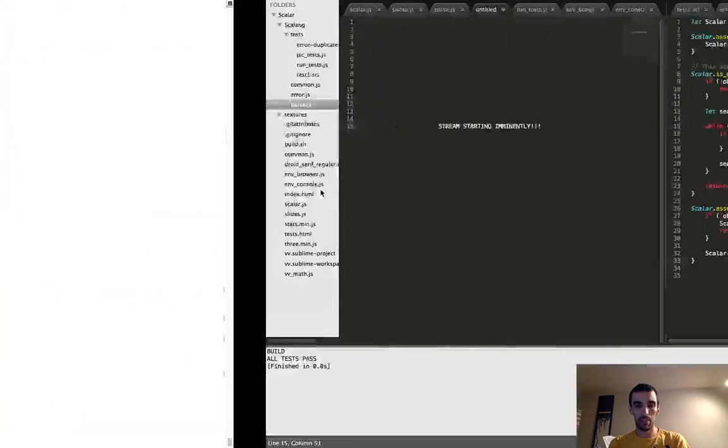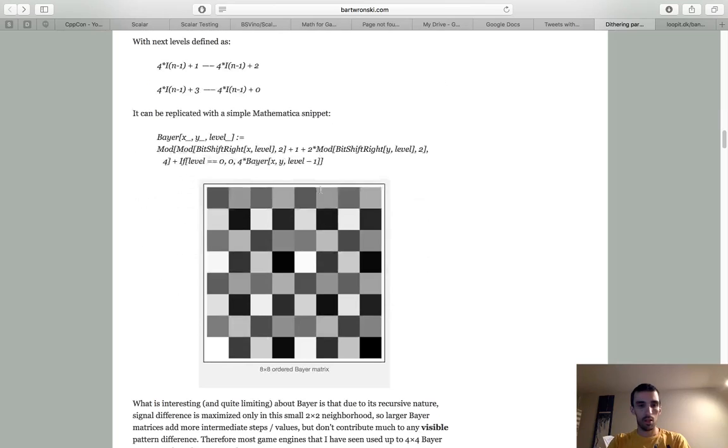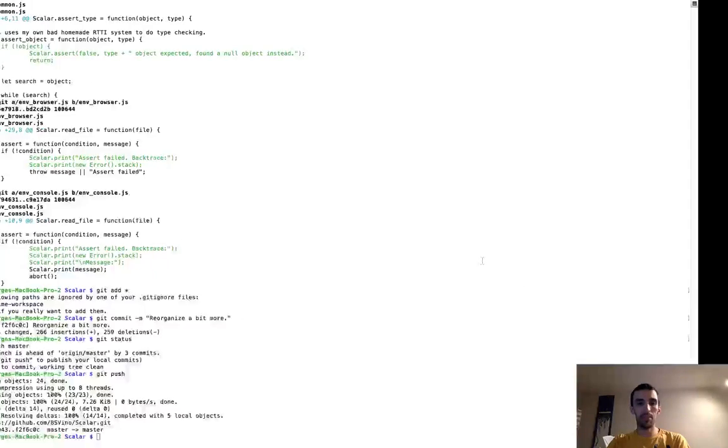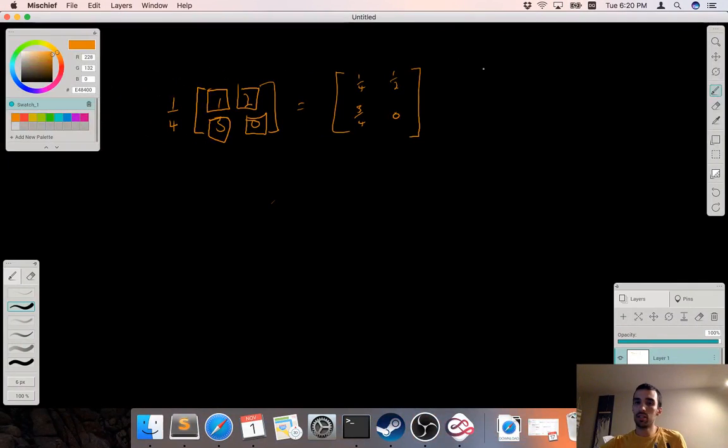Let's see if they have a picture. Yeah, this is it. So let's say my test is, if the value of the pixel is less than or equal to the value of the matrix, make it black.